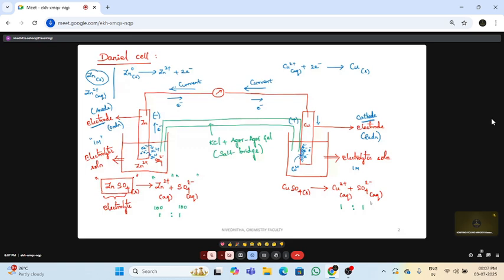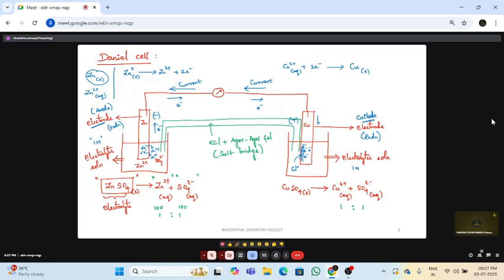Oxidation happened. Very good. Oxidation reaction, right? So in oxidation, the zinc atom present in the rod started getting oxidized, which means it started losing its electrons, and the zinc rod started dissolving inside the solution.